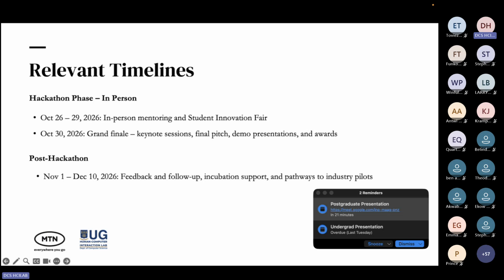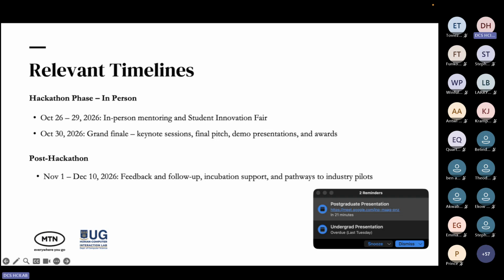This fair is intended for teams who did not make it to the top 5, but who are still interested in showcasing their proposed ideas to potential investors or industry partners.